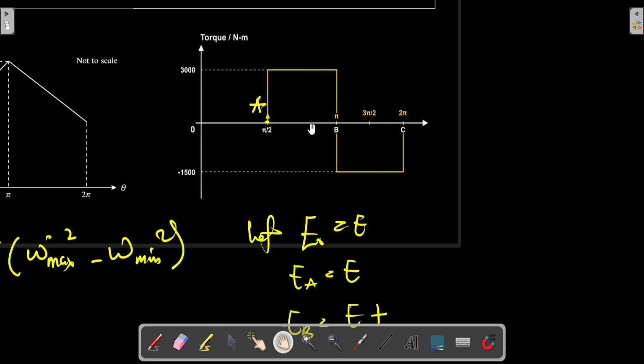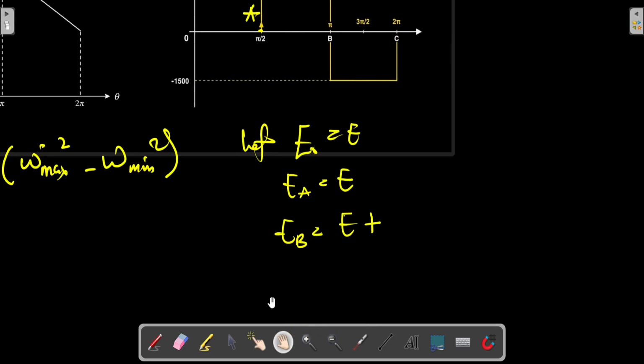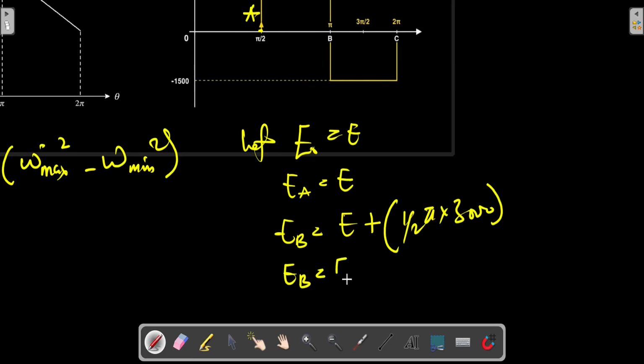The dimension along the crank angle is pi minus half pi, so it is half pi, and along the torque axis it is 3000 minus 0, which is 3000. So the area is half pi multiplied by 3000. We end up with the energy at B being E plus 1500 pi.